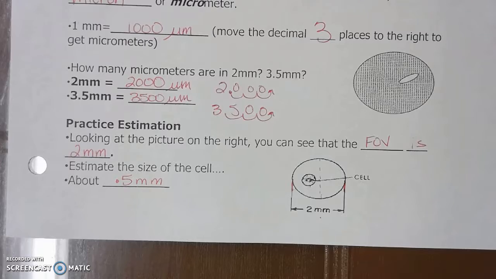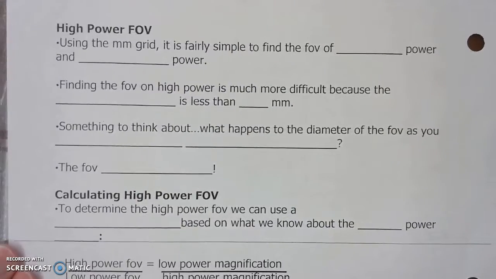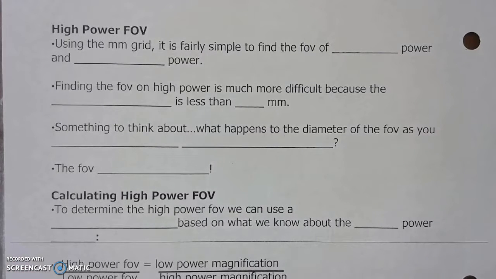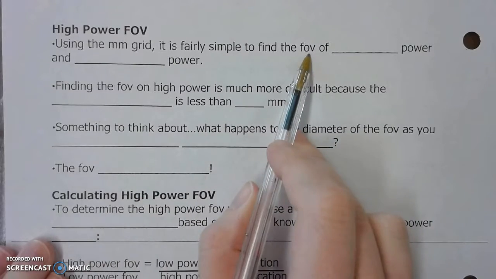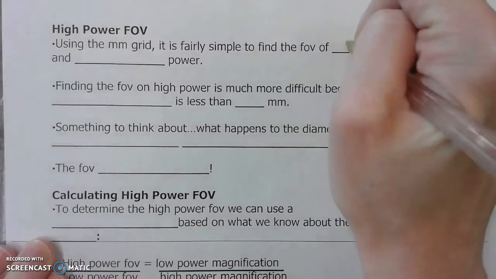When you're all set, please flip to the back. On the front, we talked about that millimeter grid you could use. The millimeter grid is great, except that it's difficult to use on high power. Using the millimeter grid, it is fairly simple to find the field of view of low power and medium power.